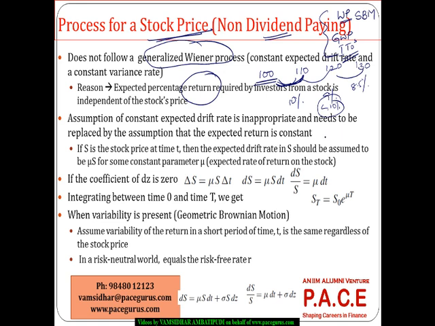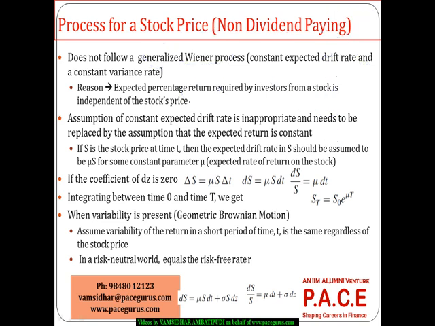Even after the stock price goes to 200, he wants only 210 at the end of 1 year. The regular generalized Wiener process is talking about a constant drift, so there is a change to the extent of 10 every year or every time period t. But that is not the expectation of the investor.